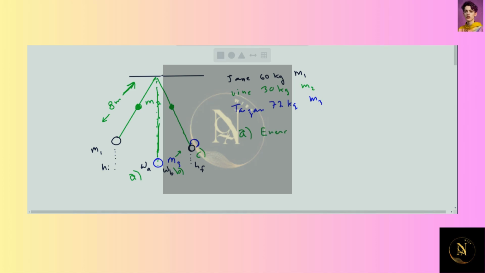That is, Jane is converting the potential energy in the vine plus herself, gravitational, turns into basically kinetic energy.